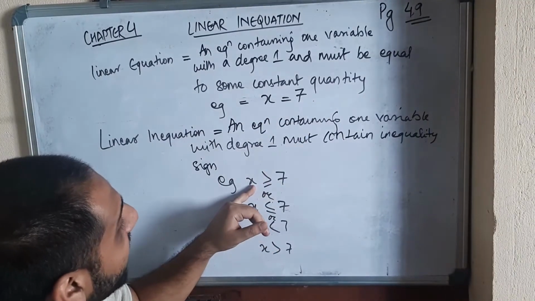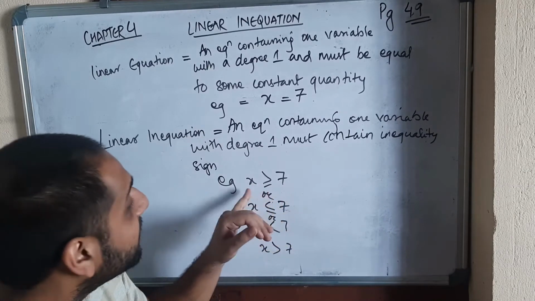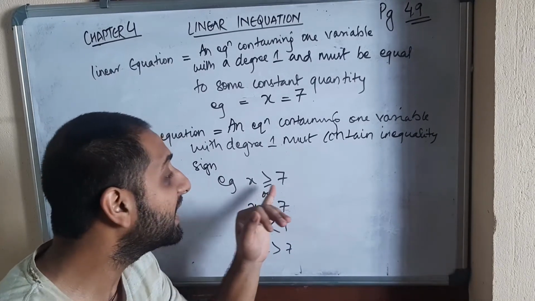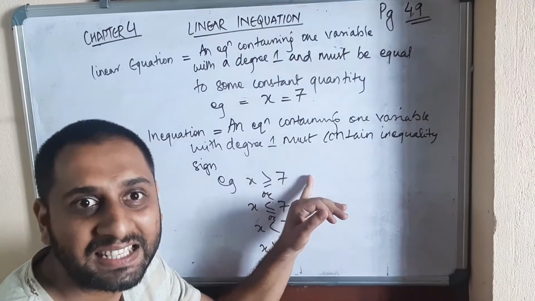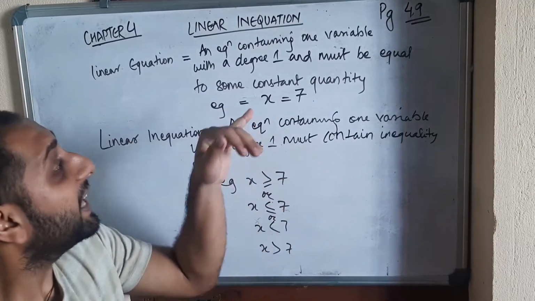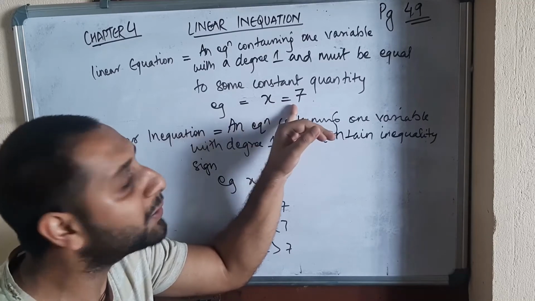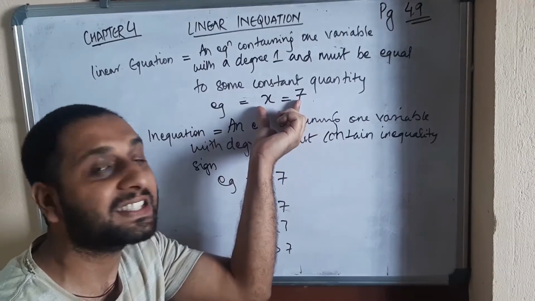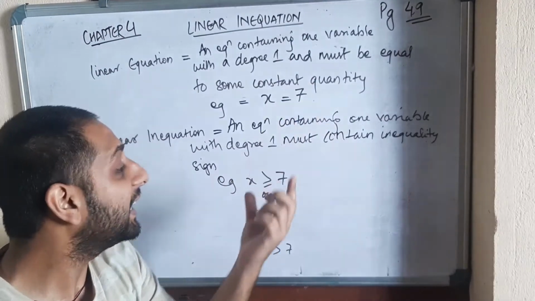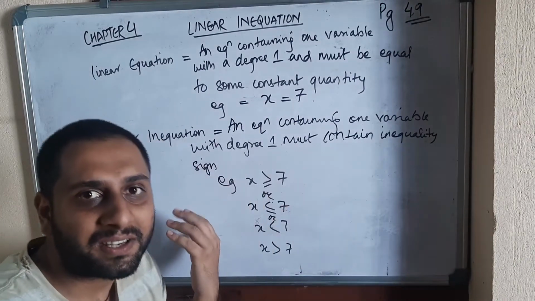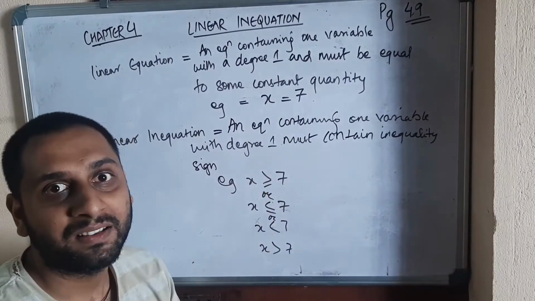Here you have x is greater than or equal to 7. This means the value of x becomes 7, 8, 9, 10, 11, 12. In a linear equation, x is equals to 7 means the value of x is just 7.